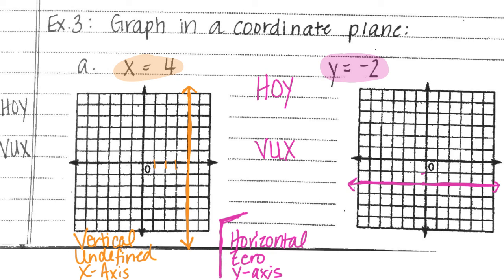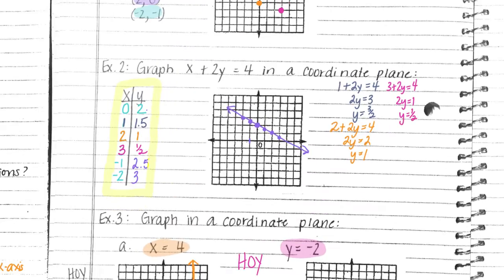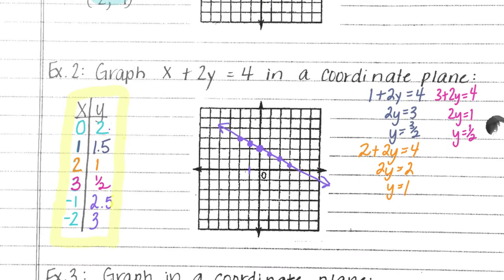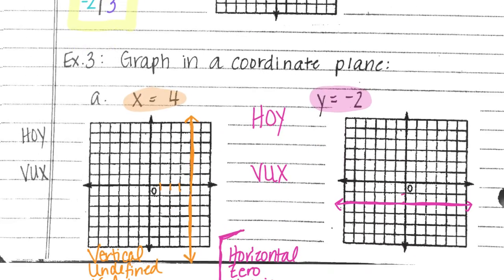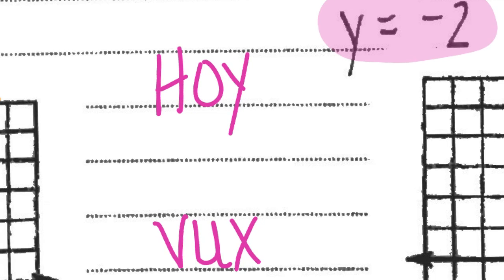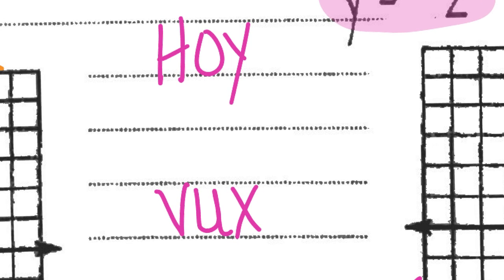So remember, to graph when you're given an x and a y, the best thing to do is to make a chart. We always want to make a chart like this. And to graph an x equals and a y equals, we do want our Hoy and our Vux. Tomorrow we're learning about slopes, so we're going to talk more about zero slopes and undefined slopes.